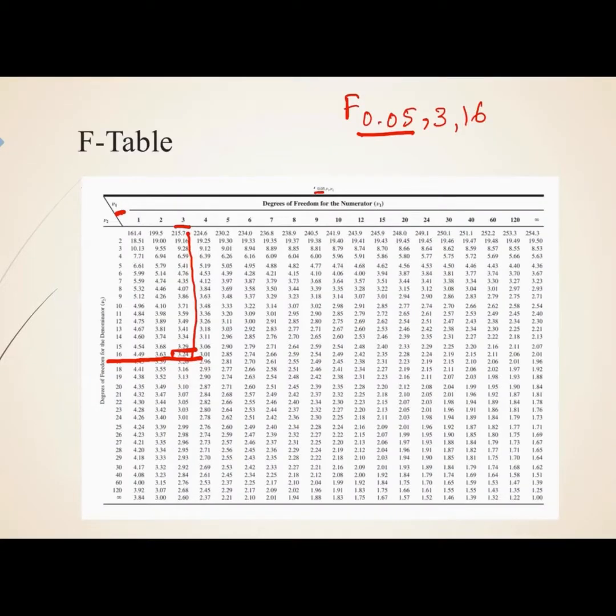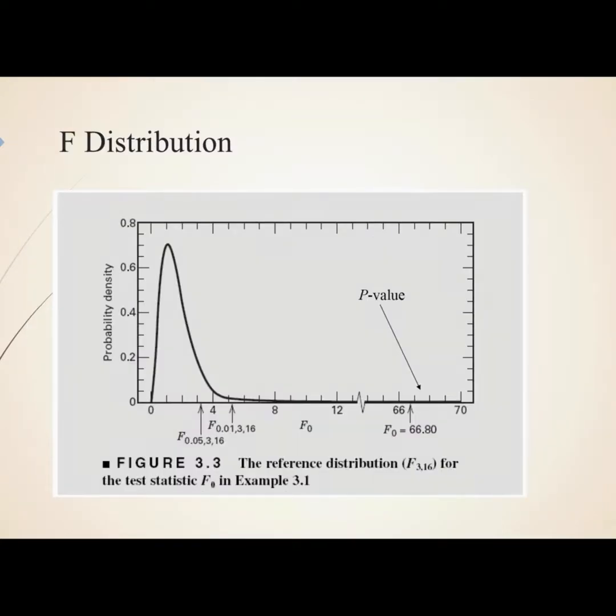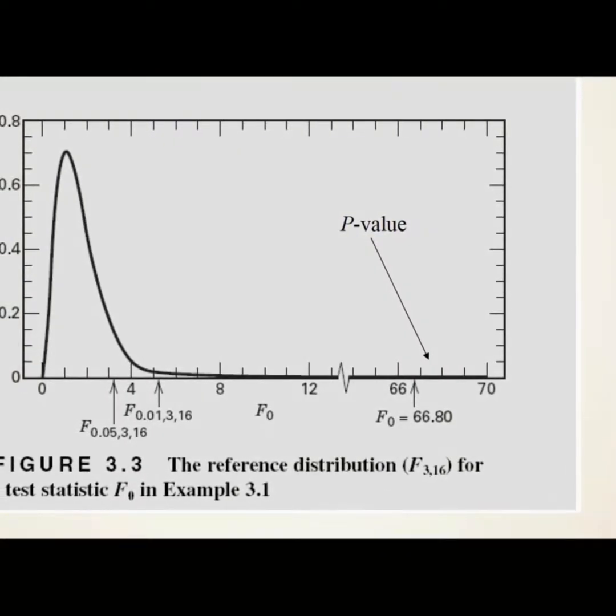If we go back to the curve and see where 66.80 might fall, it's way down on the right side, and the p-value or the area under the curve is almost negligible, almost 0. So the p-value for our calculated F statistic is much less than our set significance level of 0.05. So even with the p-value approach, we end up rejecting H naught.